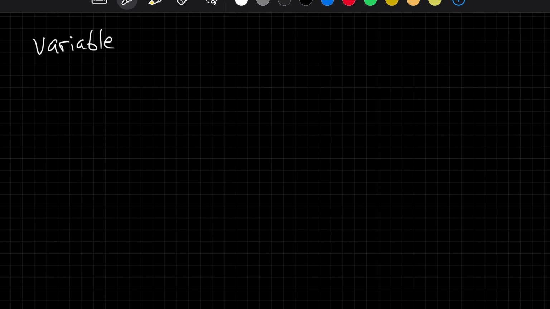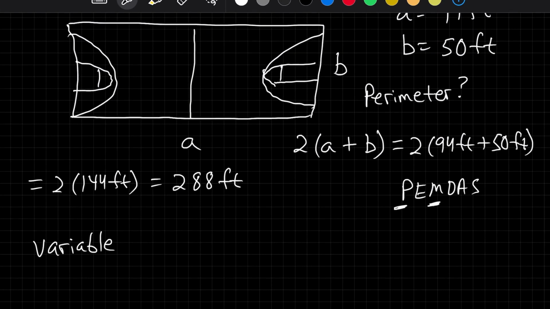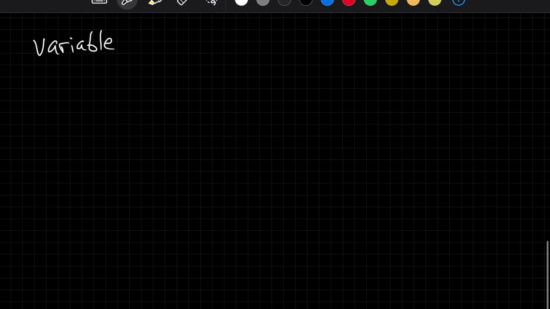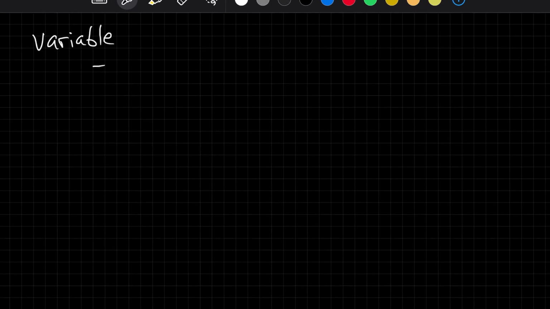In the above case that we had, A is a variable and B is a variable. Usually these are designated by a letter. They can be any letter.